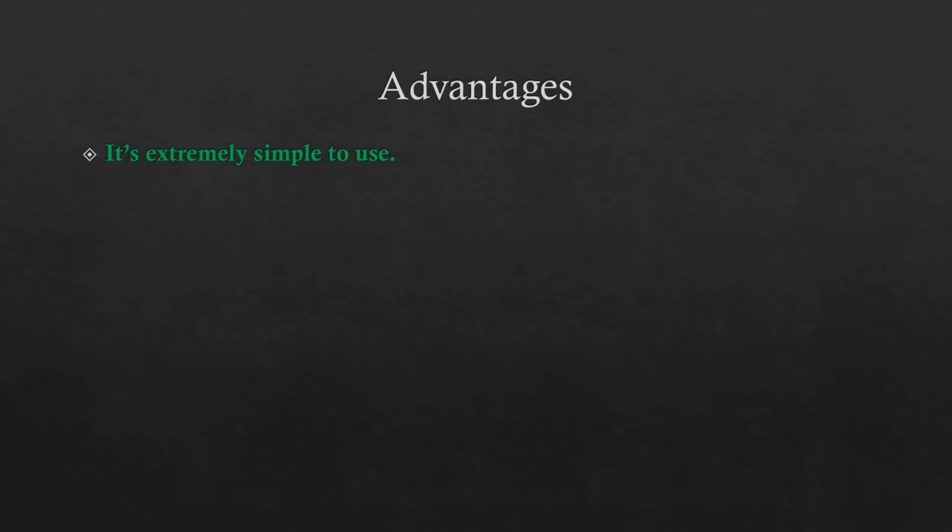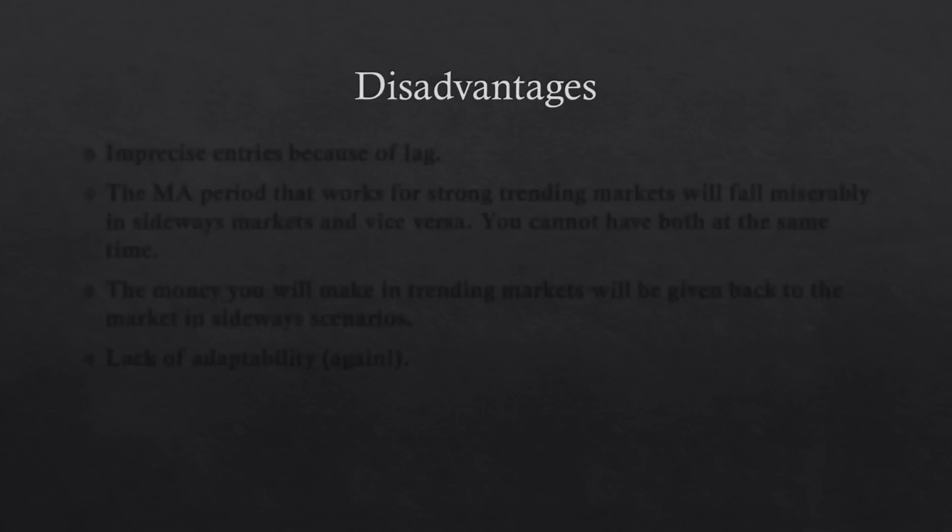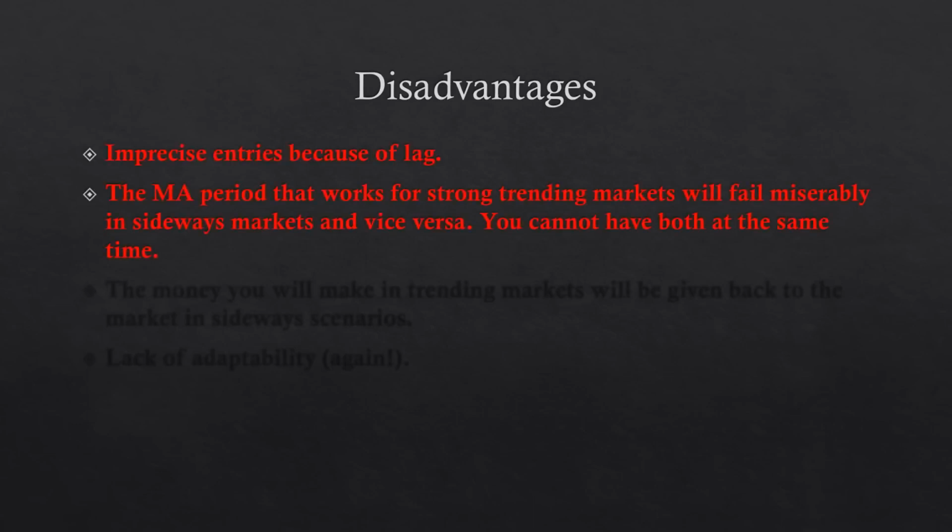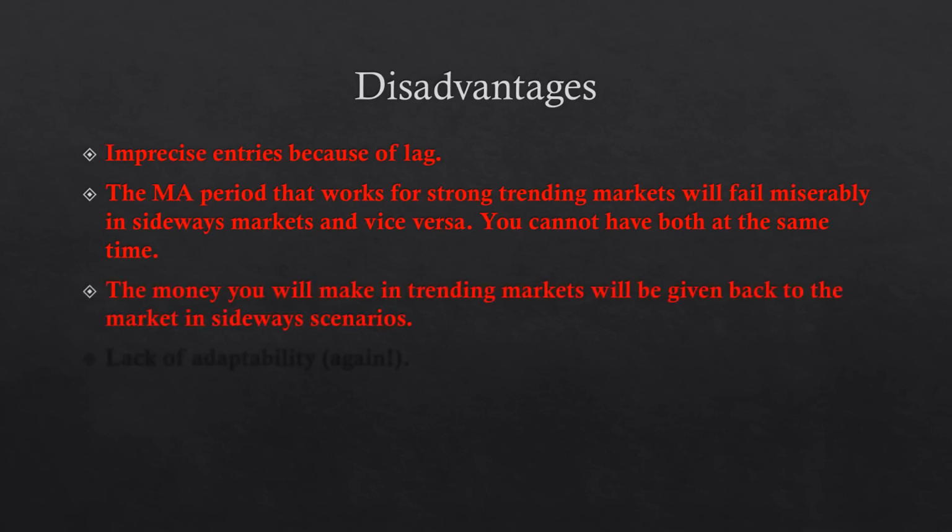Not surprisingly, the disadvantages are exactly the same as the previous technique. We have the lag, the fact that MA periods that work for trends will not work for sideways markets and vice versa, the fact that the money you will make in one market scenario will be given back in other market scenarios, and the lack of adaptability issue.